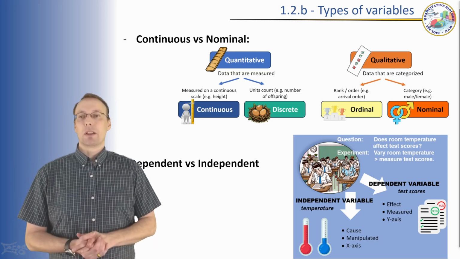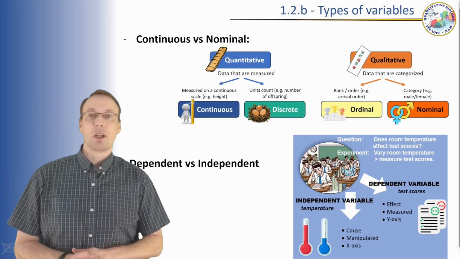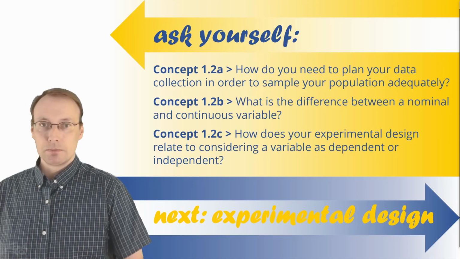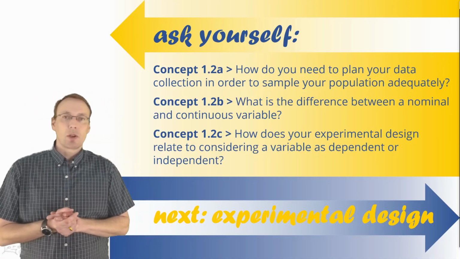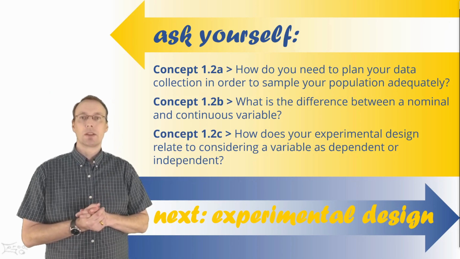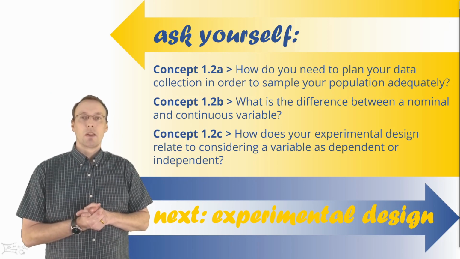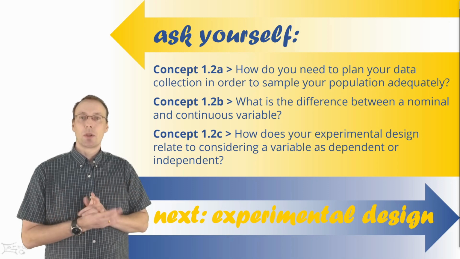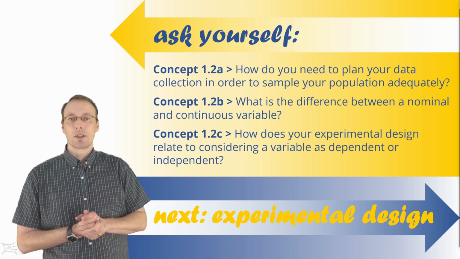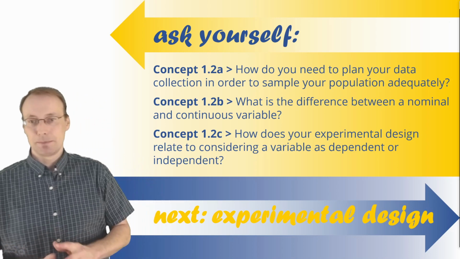And that will be the focus of the beginning of our class. Okay, so to summarize this section, we have a few concepts here that you'll find also in your text that you should remember and you should be able to explain and understand. And next, we will talk about experimental design. Thank you.